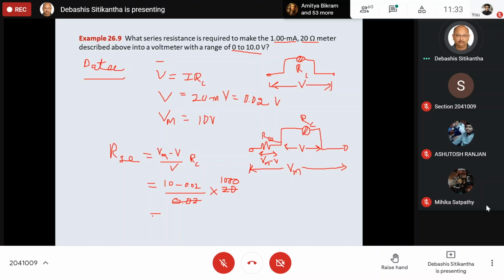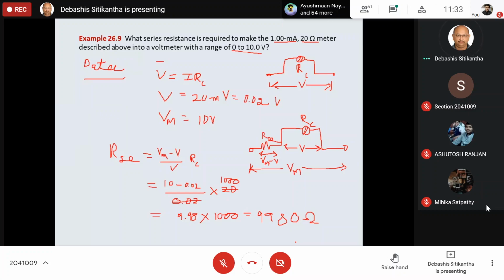So this is 9.98 into 1000. Those who have not done it, please do it. As you people answered correctly, it is going to be 9980 ohms. Naturally this is a very high resistance, almost equal to 10 kilo ohms.